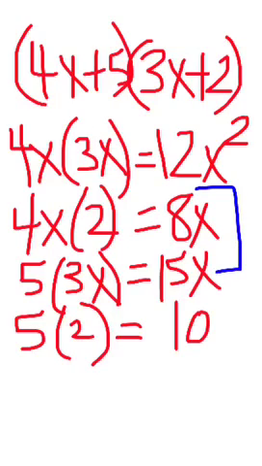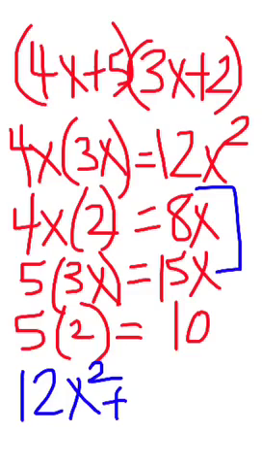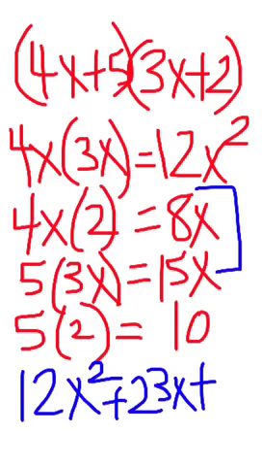So the middle term would give us 23x. Our final answer is 12x squared plus 23x plus 10. You can FOIL or distribute to multiply these binomials. Let's look at another question.